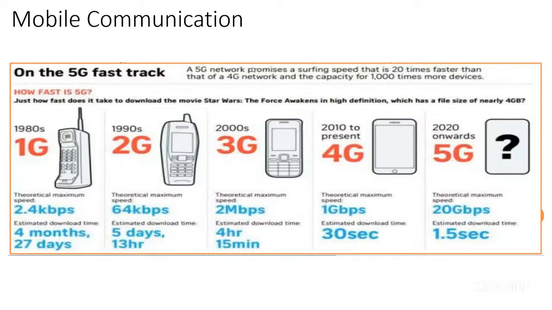Also, suppose you want to download a decent movie of 4 GB size, the estimated download time is written here. Using 2.4 kbps, it takes 4 months and 27 days.